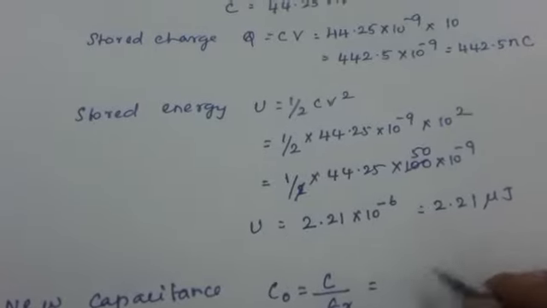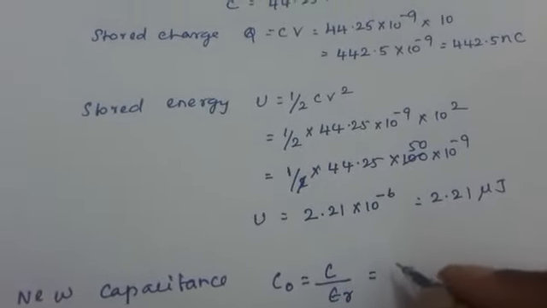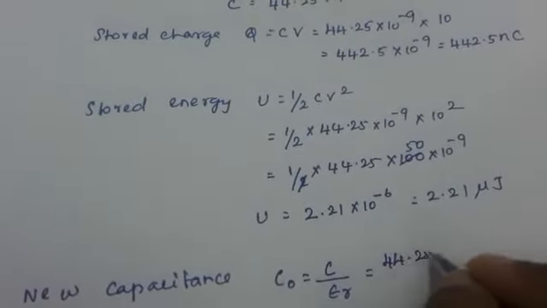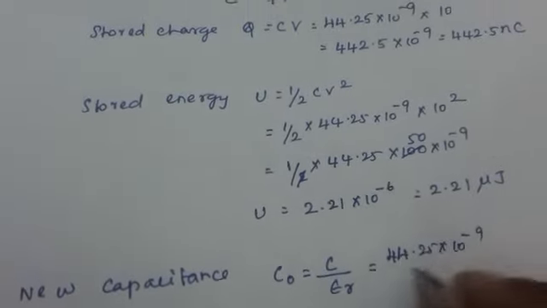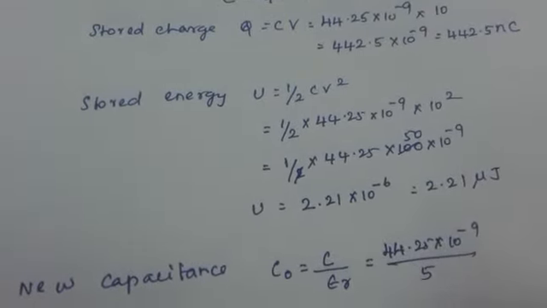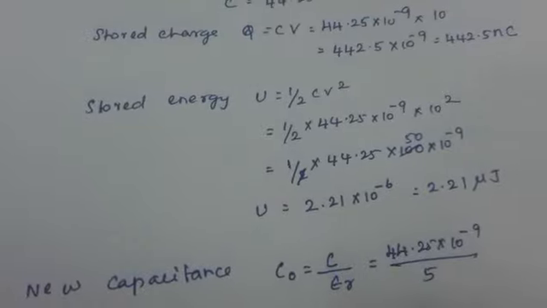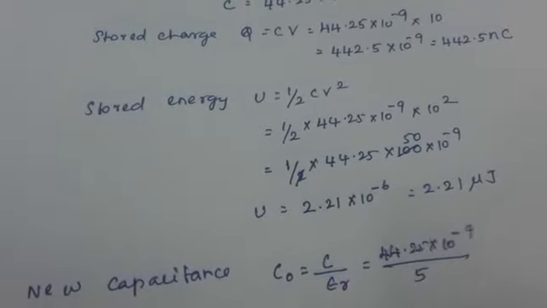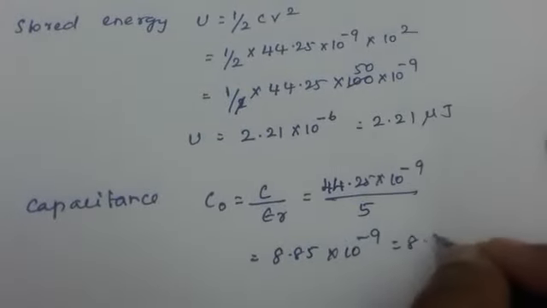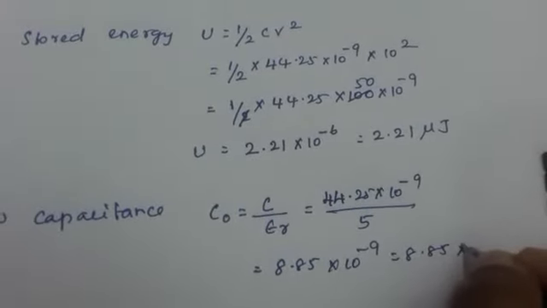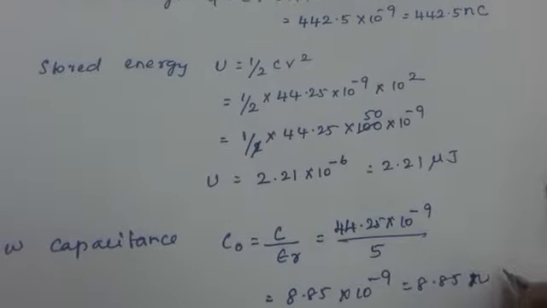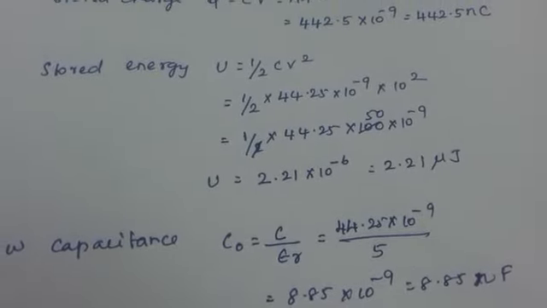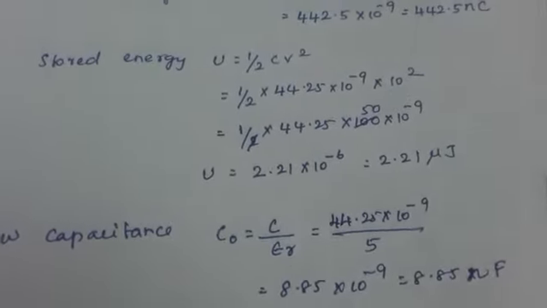You know the value of C, which we found as 44.25 into 10 raised to minus 9. Epsilon R value is 5. If I divide this value, you will get 8.85 into 10 raised to minus 9, which can be written as 8.85 nanofarad.